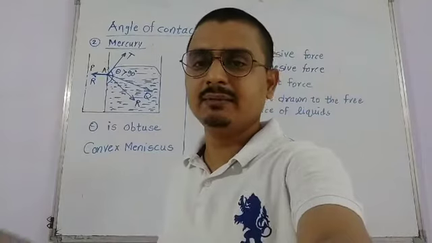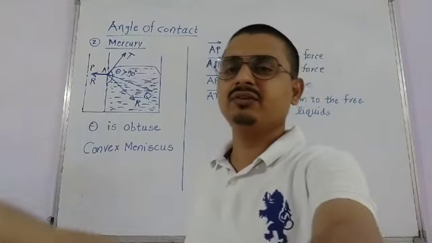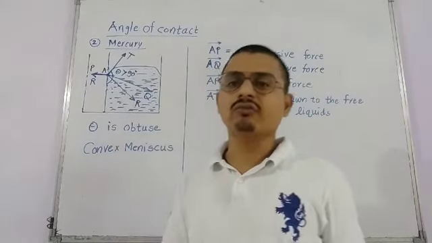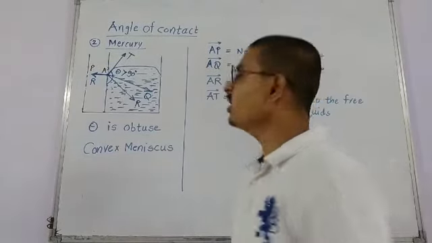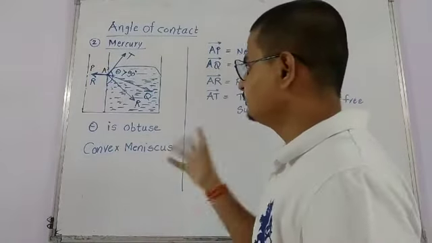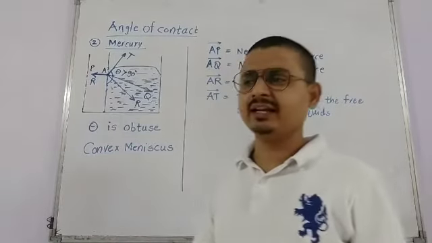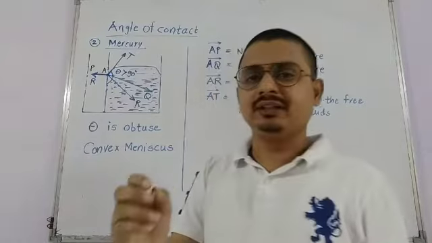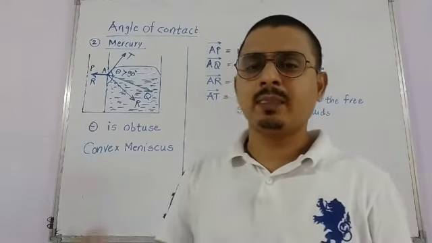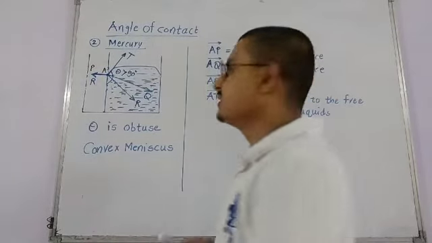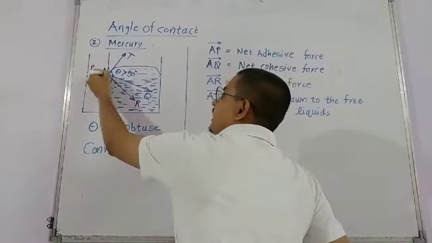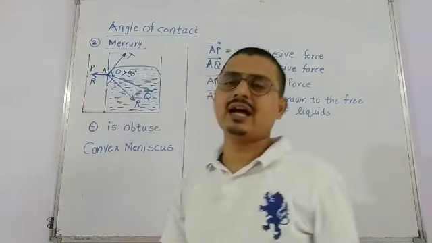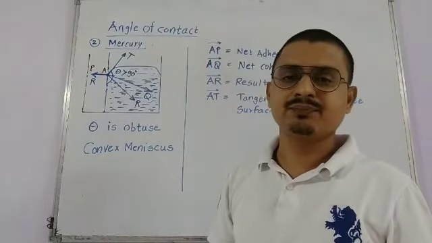That is, the meniscus between the surface of solid and the liquid will be convex in nature. Now, for the mechanism, let us take an example of molecule A, which is at the point of contact between the solid surface and liquid surface.